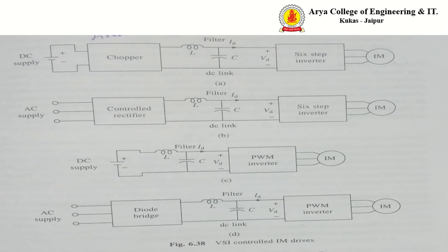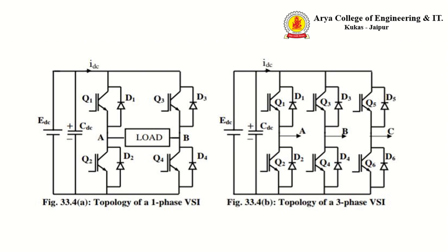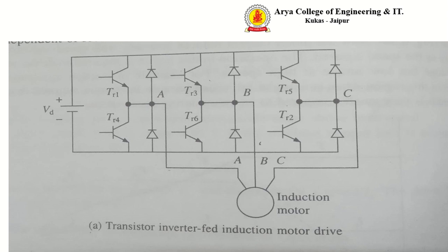All four configurations depend on the source, diode, chopper, pulse width modulation, and DC link filter. All configurations are available for controlling the induction motor drive speed. These are all methods used for controlling the induction motor drive.